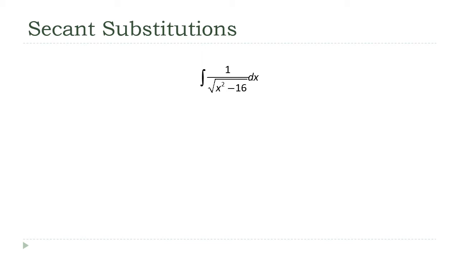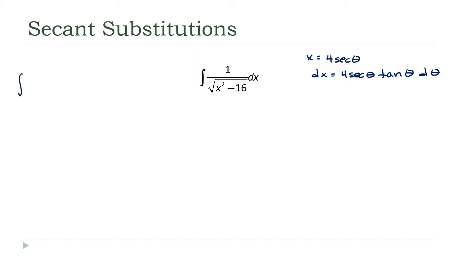The substitution that I'm going to use is going to be x equals 4 secant theta. And that's going to make dx 4 secant theta tangent theta d theta. All right, so again, I'm going to go over here because we need a little room with these.